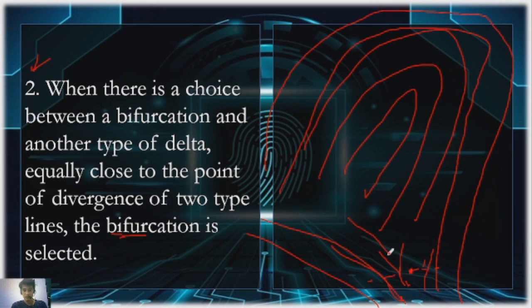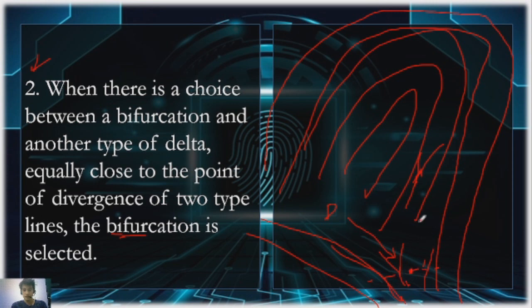Okay, so this is the delta, the bifurcation. Okay, but if they are not equally close to the point of divergence, so let's say the bifurcation is in here. Okay, so with that we are not going to choose the bifurcation that is in here, but we are going instead to choose what is in here.